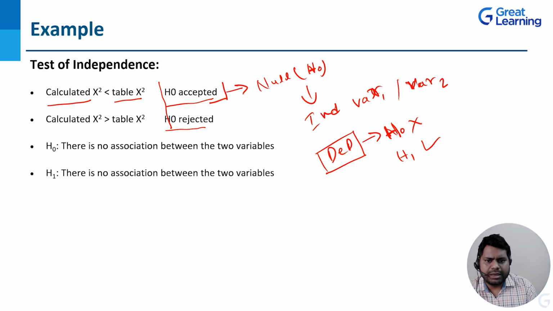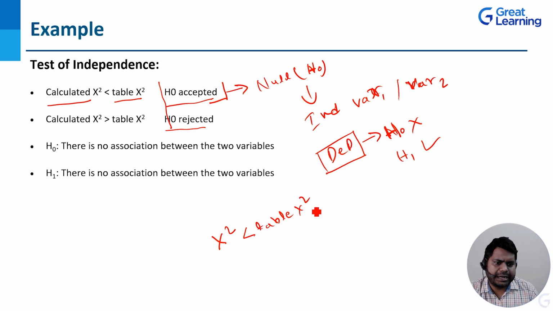So when we calculate this x square, if our calculated x square is smaller than the tabular x square, that is the predefined x square, we can accept the null hypothesis.